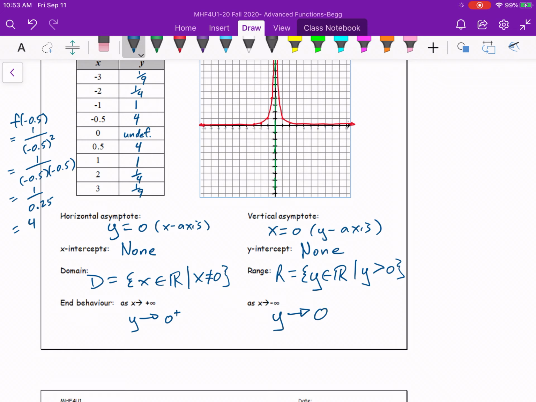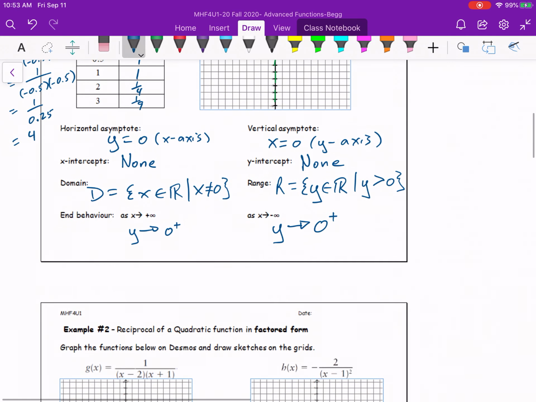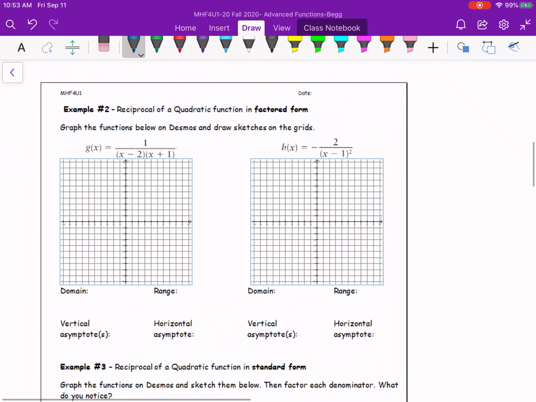So we're not reading it from left to right. In this case, we're reading it from the center outward to the right as it goes to positive infinity, and then we go back to the center and go out to the left as we go towards negative infinity, and that's how we read it for this kind of notation.